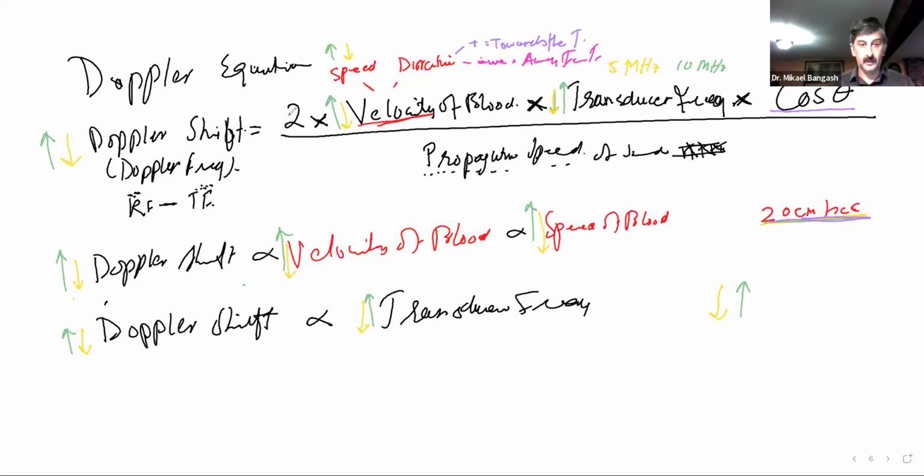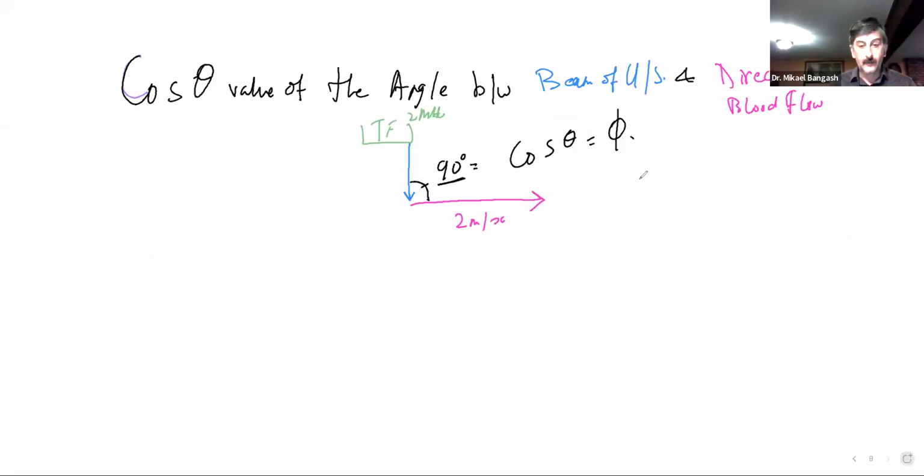Even if you double all this, and you end up multiplying it by 0, anything multiplied by 0 equals 0. You guys get that? So it's not that you multiply by 90.